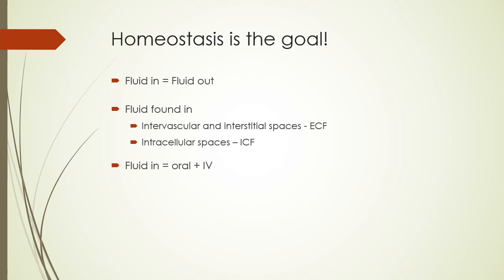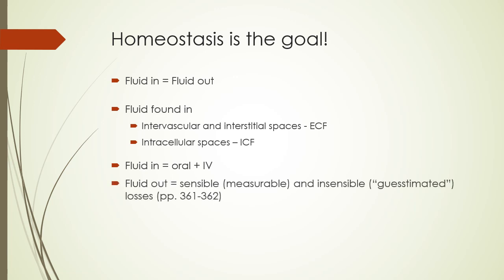Usually that's specifically talking about oral and IV fluids. If somebody is getting normal saline IV at 75 milliliters an hour and then has for lunch an 8-ounce cup of iced tea, we have to calculate all of that together.